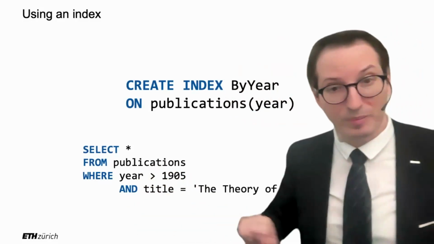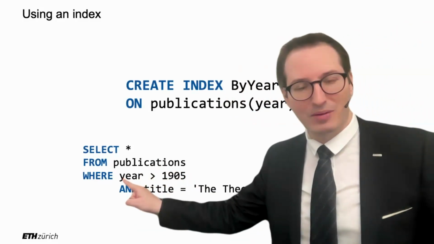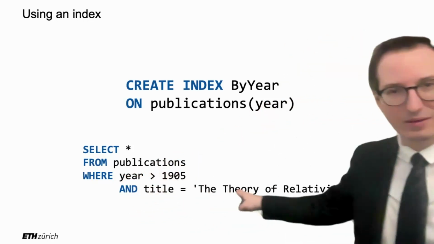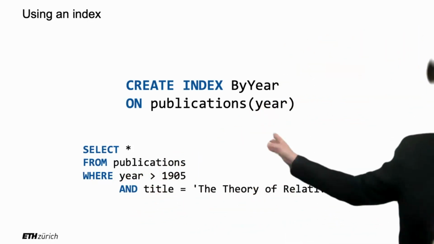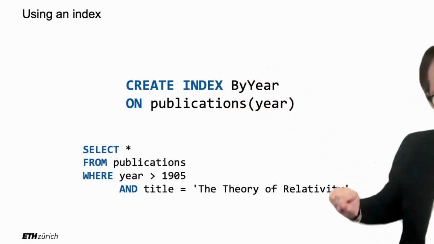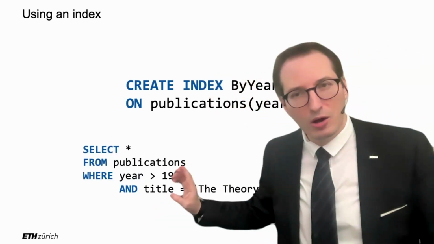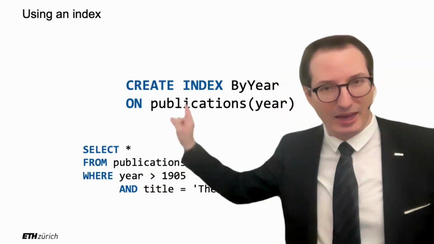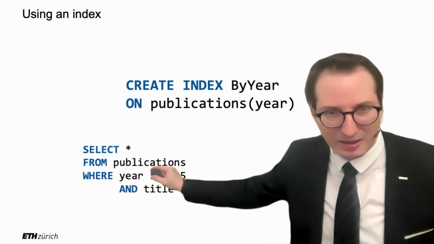It's an AND, it's a combination. One of them turns out to be on a column that is indexed. The other one is on a column that is not indexed, because I'm assuming I have this one. This one is a different slide. I'm assuming I have this index only. Do you see now that I'm still able to use the index? I can use the index to accelerate that part.